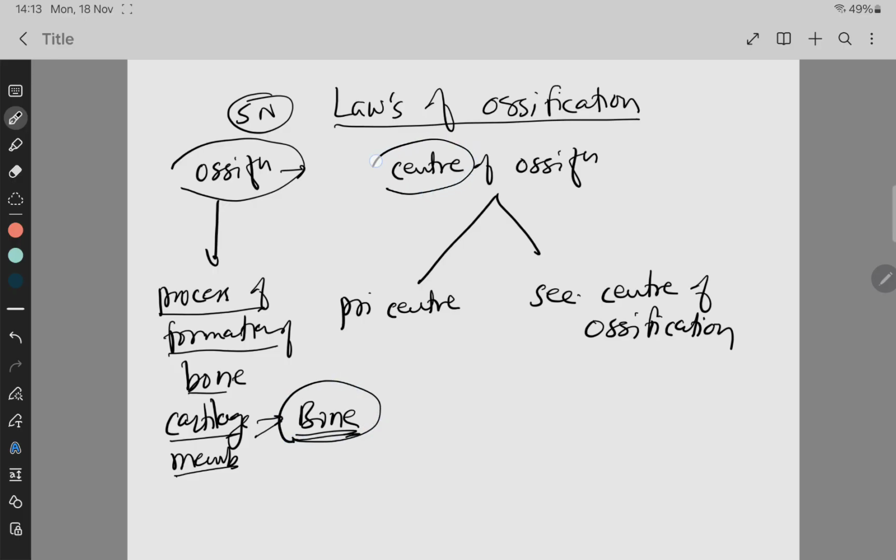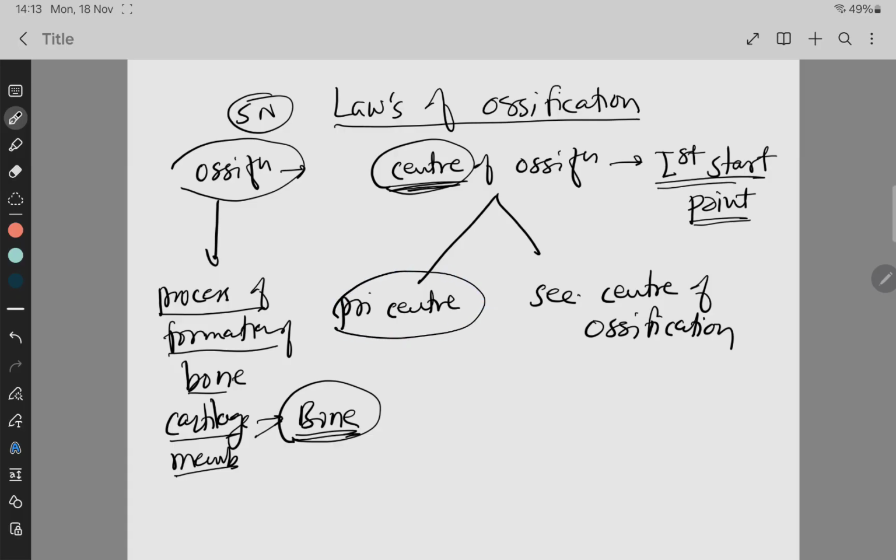What is center of ossification? Where this first starts, the point from where it starts the process of calcium deposition in the membrane and cartilage is called a center of ossification.